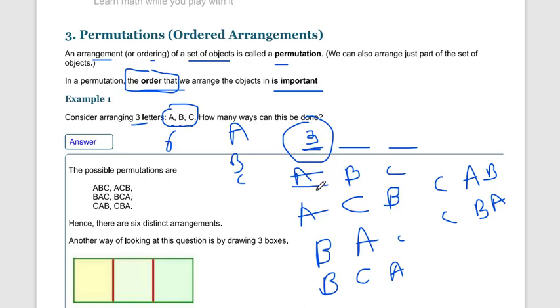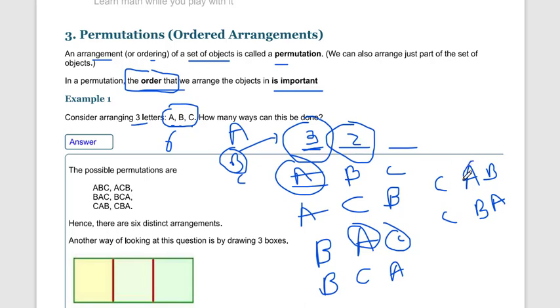If I use A as the first letter, then A is used, so we have only 2 choices for the second spot, B and C. Say you used B in the first space; how many choices do you have for the second space? 2. So if one letter is used in the first space, then for the second space you only have 2 choices to choose from. It's either B or C, or A or C, or A or B.